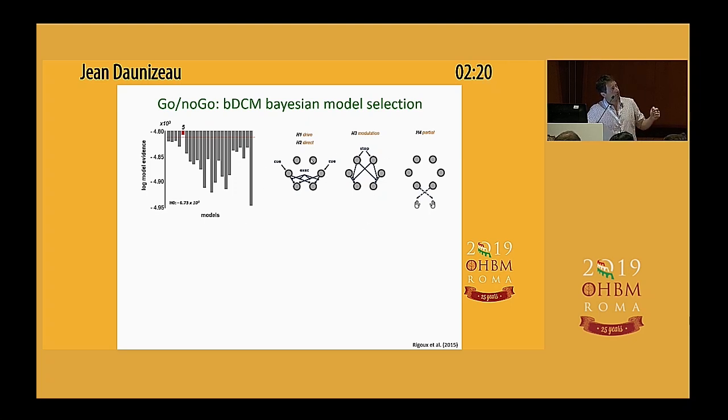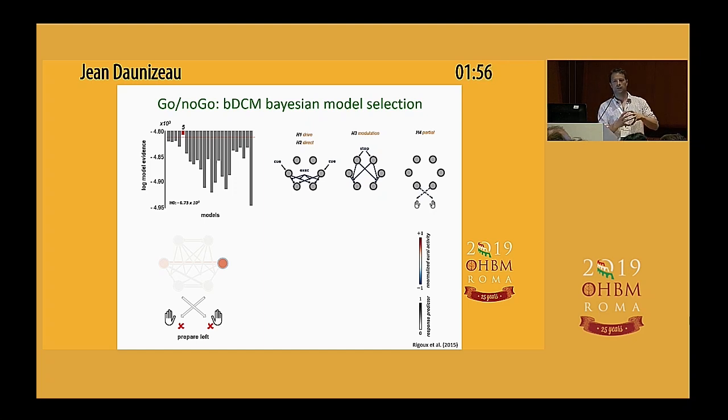So the execute instruction increases the connection from the premotor cortex to the motor cortex, ipsilateral. The no-go instruction, again, gates off the connection from that premotor cortex to the primary motor cortex, and the execution itself goes from contralateral primary motor cortex. So this is how a typical trial would go.